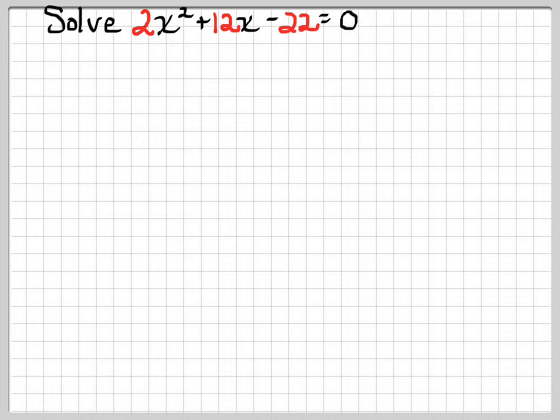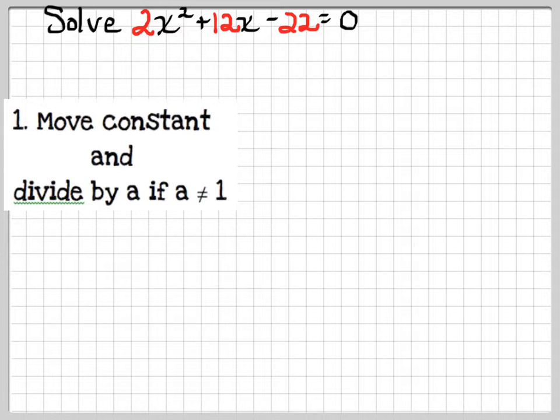All right, so looking at this problem, one of the conditions is you have to have a leading coefficient that's 1. So we must divide by a if a is not equal to 1. And we're going to move this constant over to the right-hand side. It doesn't matter what you do first. You're going to divide each piece by 2 to get that leading coefficient equal to 1.